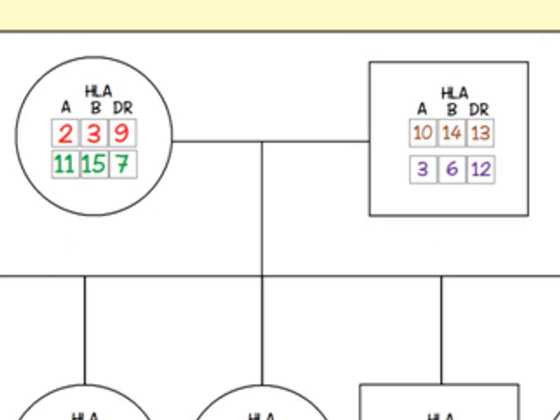They stand for HLA A, B, and DR. These are the specific alleles in here, and then the next strand has 3, 6, and 12.